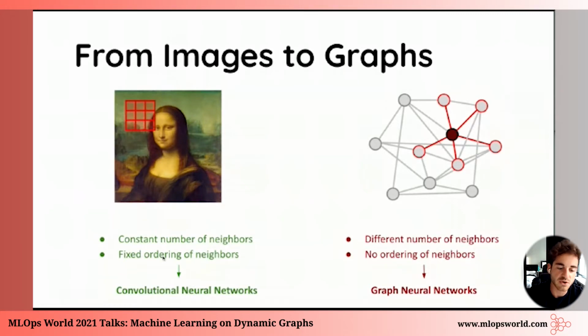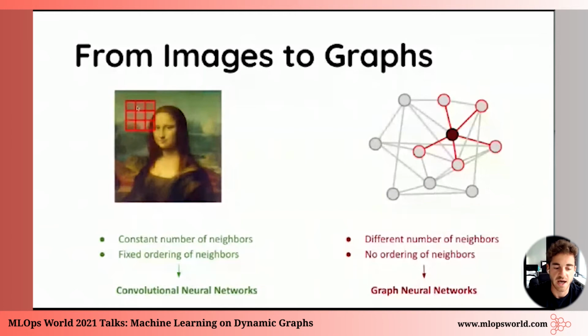The reason why we can use convolutional neural networks and define this operation of convolution is that on images, each pixel has a constant number of neighbors. If you take any pixel which is not at the border, it is always going to have 3 neighbors here, 3 neighbors here, 1 here, and 1 here. So basically it has 8 neighbors.